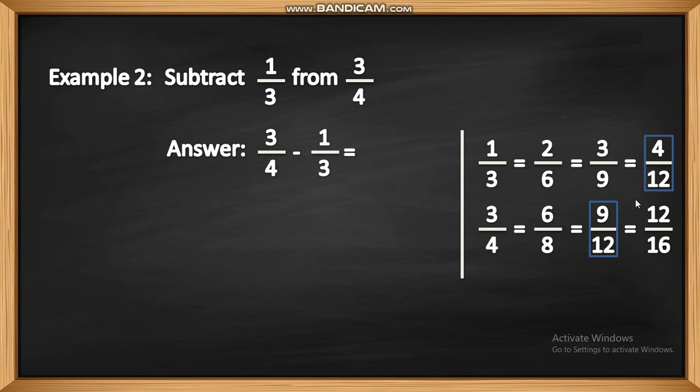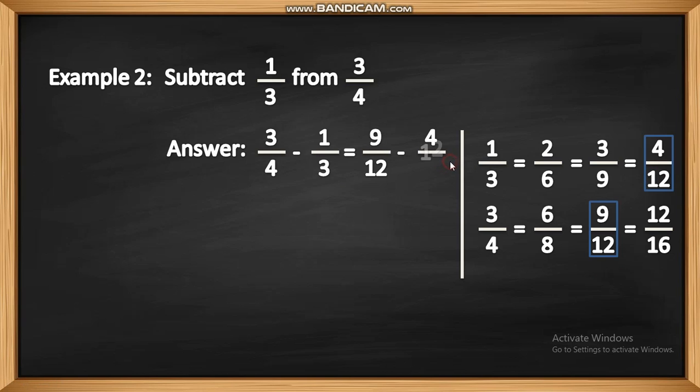Here with the same denominator, 4 by 12 is there, and 9 by 12 is there. So instead of 3 by 4, we write 9 by 12, then minus sign, and 4 by 12.